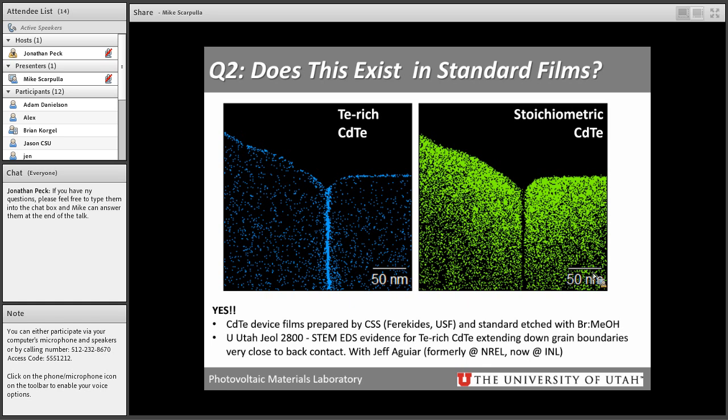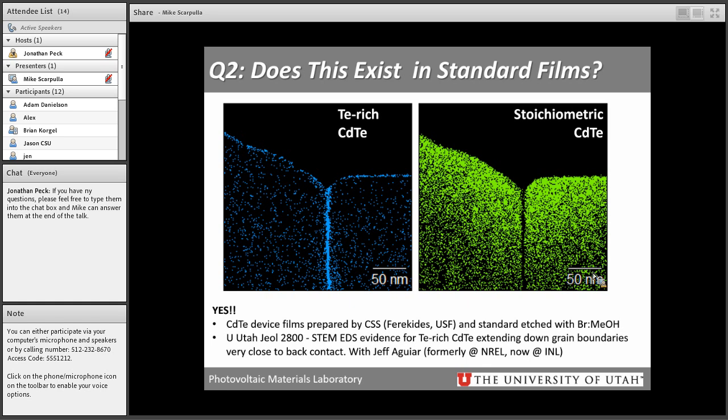And so what you see is around the grain boundary, and actually, sort of reassuringly, at the surface, you can see this enhancement of tellurium richness, which we all thought was present and necessary for the ohmic back contacting. And of course, at CSU, we know that they do things a little differently these days.